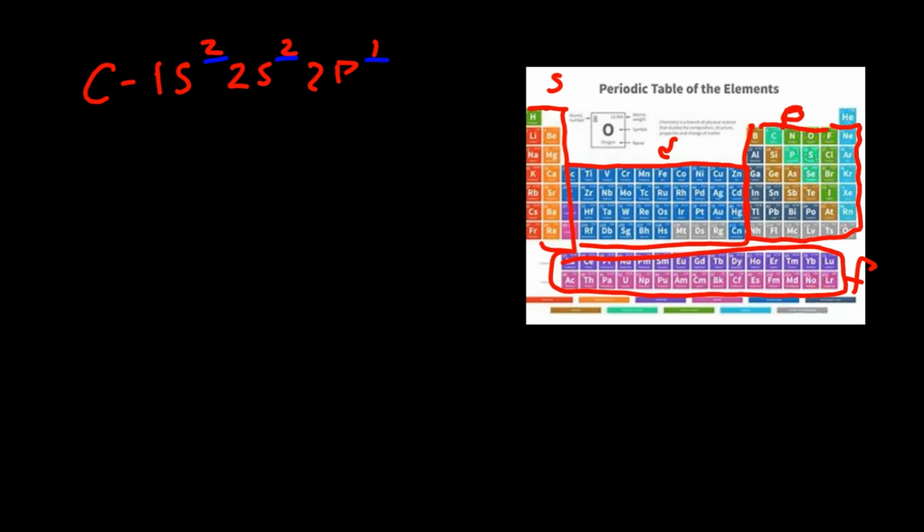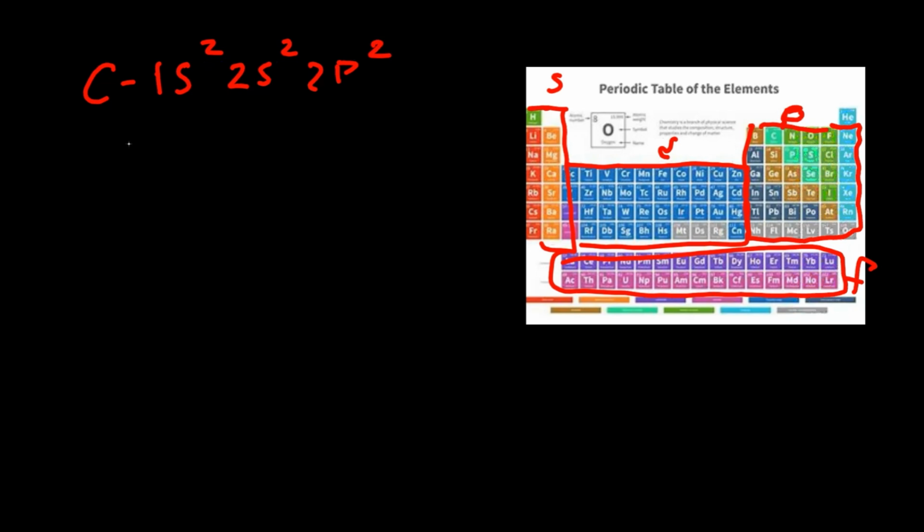So that's how you can check if everything's correct. And then for carbon, we just have to add one final electron. So 2p2. This is the official electron configuration for carbon: 1s2, 2s2, 2p2.